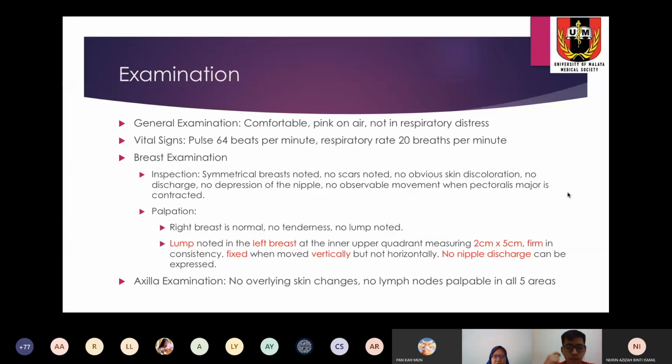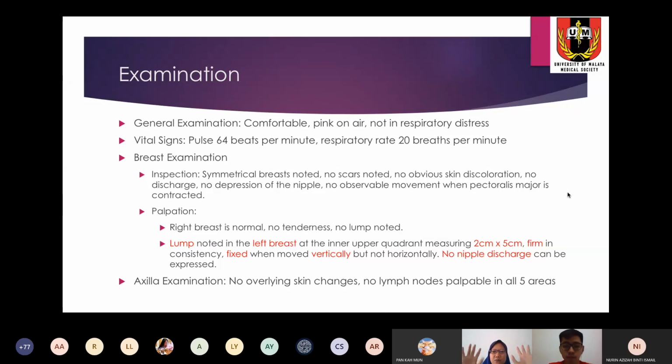And then I would like to add on nipple discharge. Here there is no nipple discharge, so it's okay. But what if there is a nipple discharge? Then you have to describe it. What color is it? Is it bloody, or is it serous?